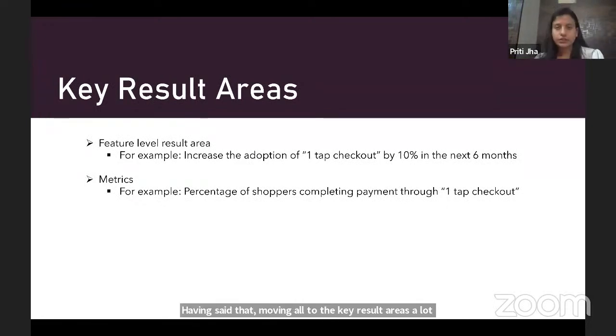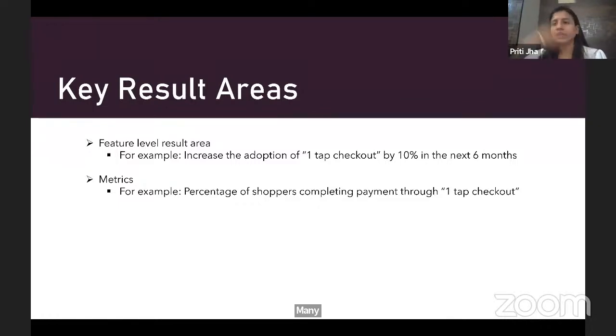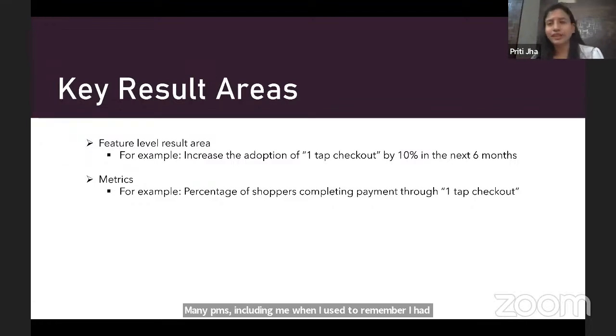Many times, many PMs, including me, when I had begun my product management journey, and I still feel that it's my day one in this world, basically, because there's just so much to learn over here. And personally, it's just such an interesting domain for me.